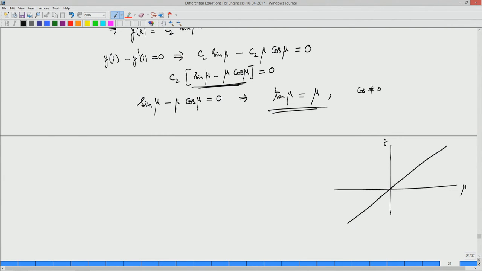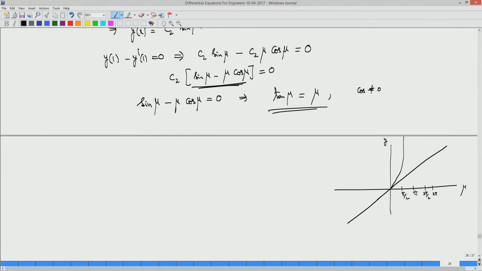Tan 0 is 0, and we only want the positive side: tan pi by 2, tan pi, tan 3 pi by 2, 2 pi and so on. At pi by 2 it goes to infinity.